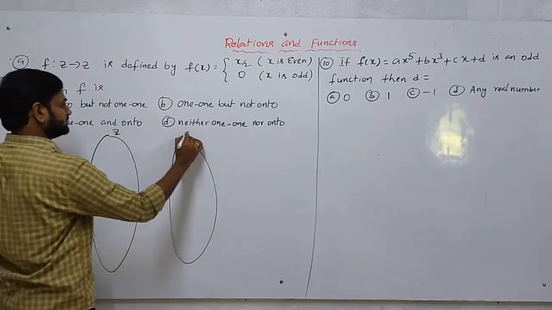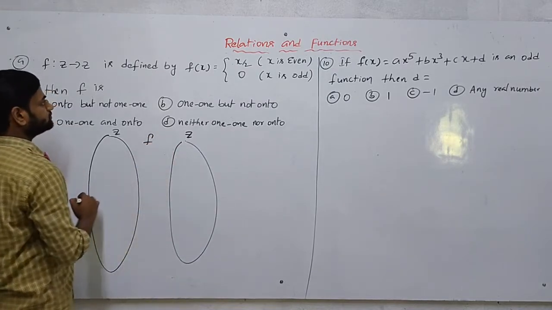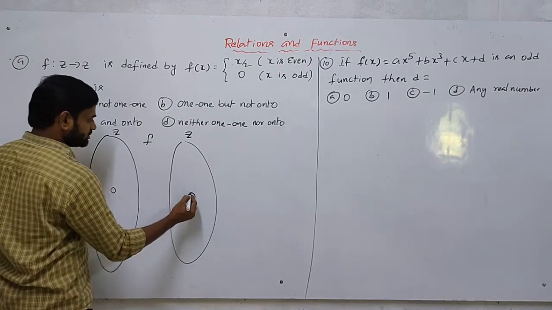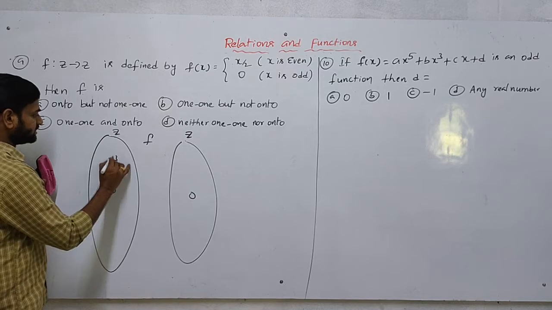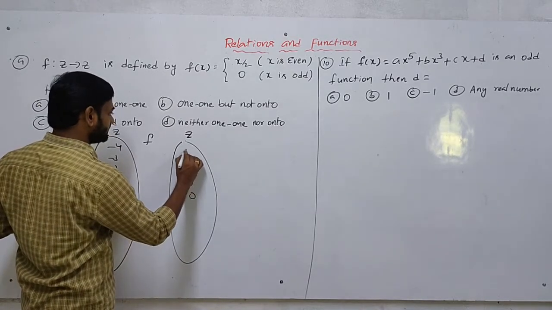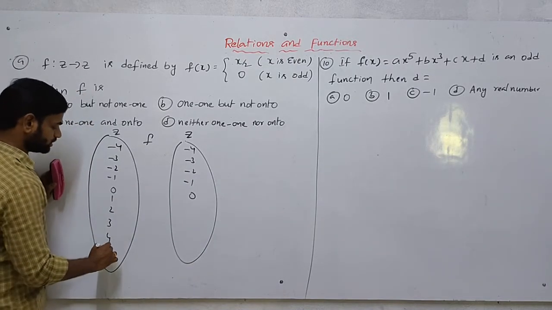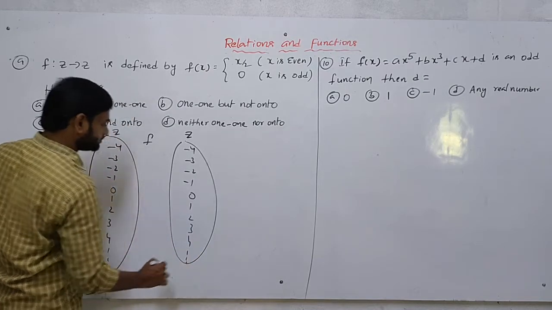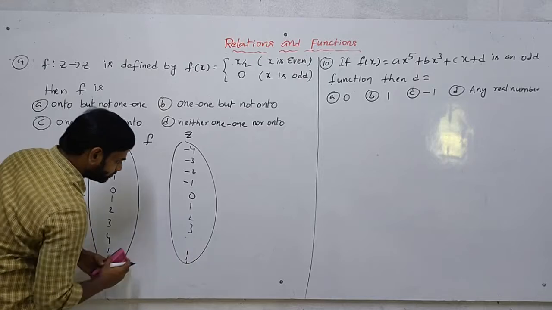Now the function is f. Which values do we have? Suppose 0, here also 0 is there. Next -1, -2, -3, -4 like that, here also -1, -2, -3, -4. Then 1, 2, 3, 4 and so on, both are the same.